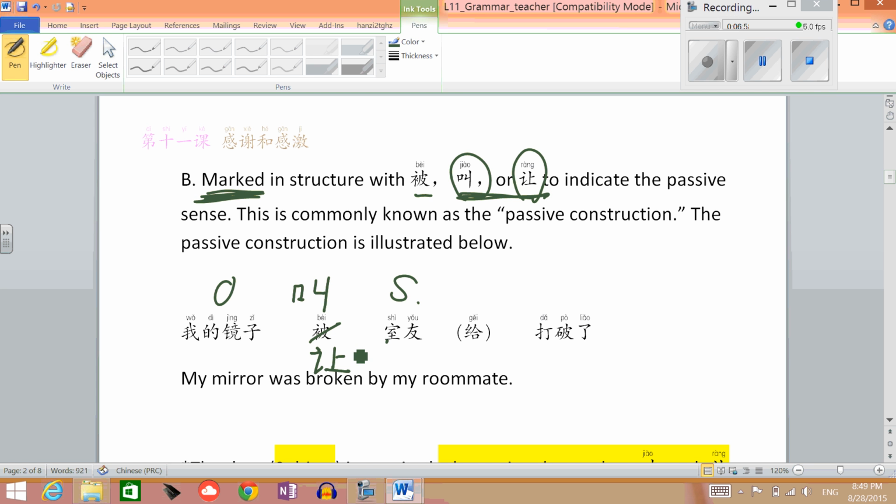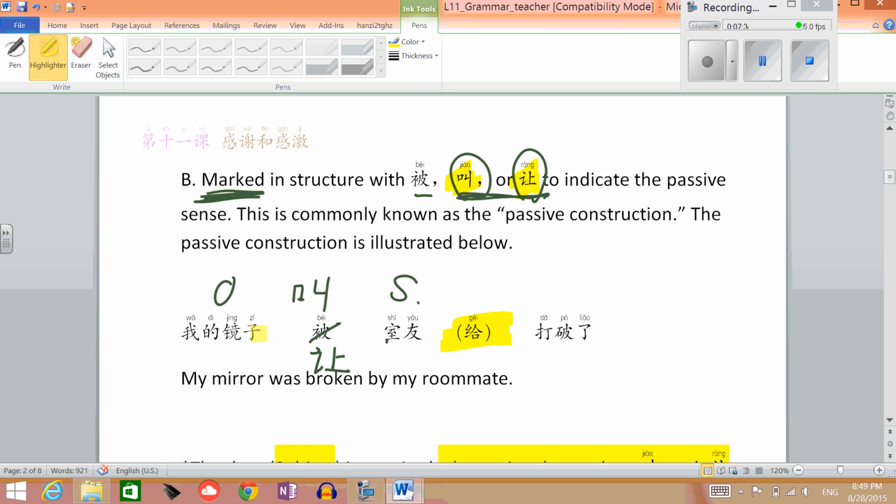If you use these two, 叫 or 让, as a passive sense marker, you have to use 给. 给 is no longer optional. It's just because 叫 and 让 have other meanings, and if you don't have 给 in the sentence, then it's going to be confusing sometimes, because remember, 叫 also means to call. So the sentence might sound like my mirror is calling roommate. Ooh, that's a little bit weird, right?